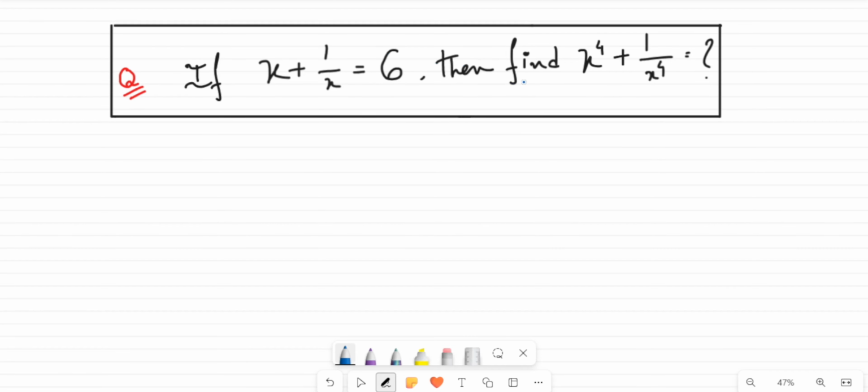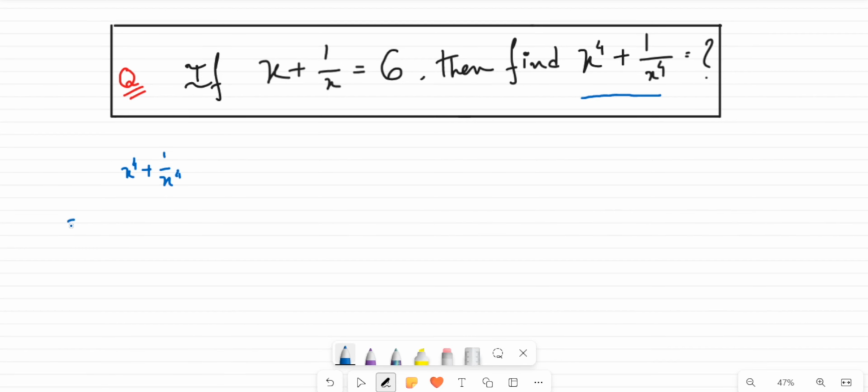So what is the value we have to find? This is x to the power 4 plus 1 by x to the power 4. So first of all, let us write that expression: x to the power 4 plus 1 by x to the power 4.